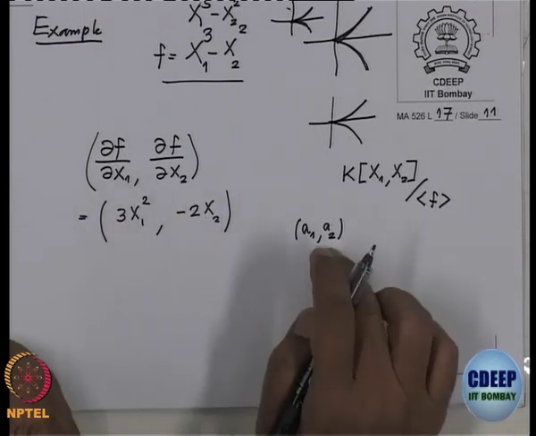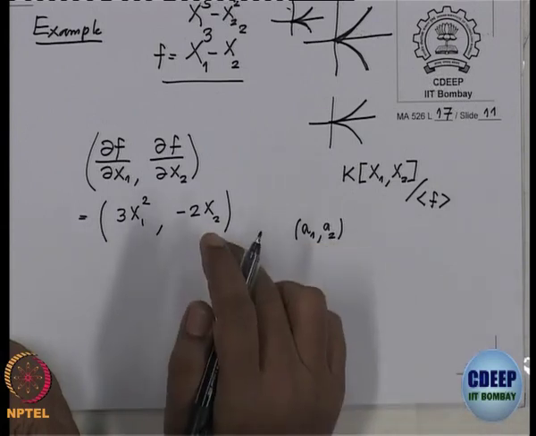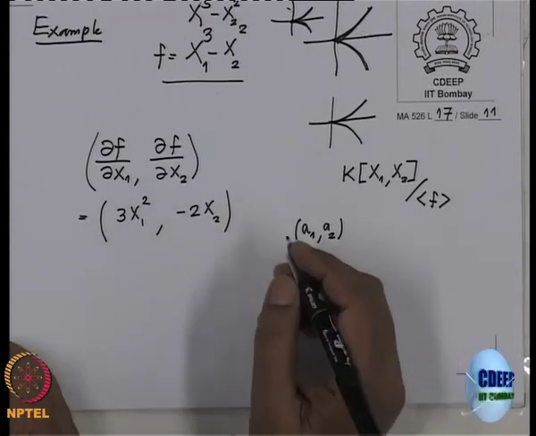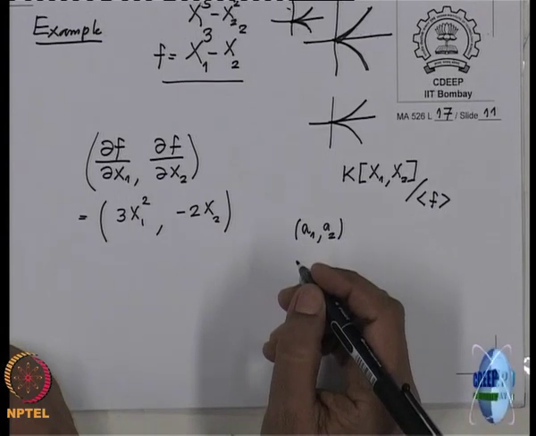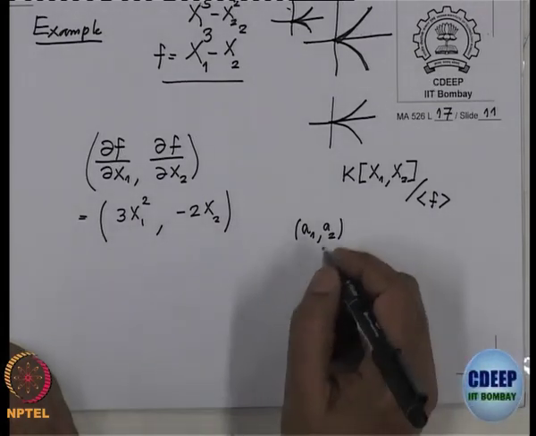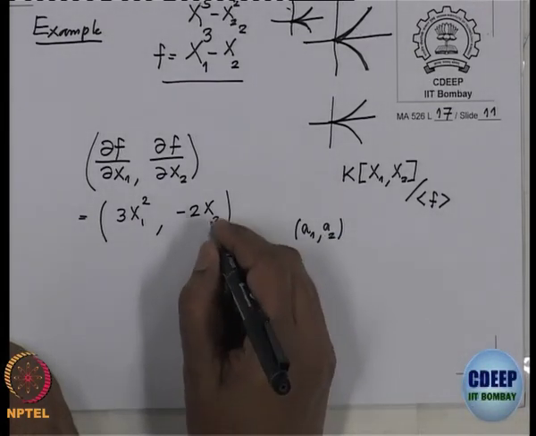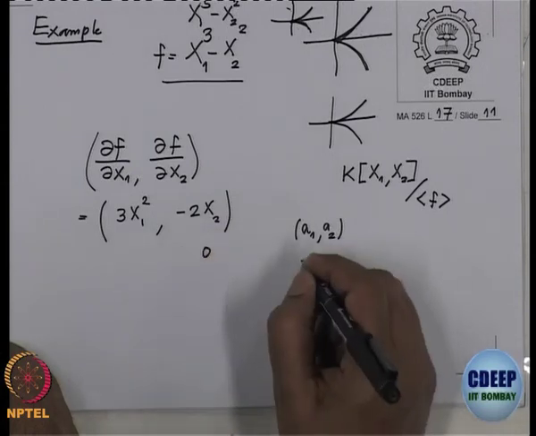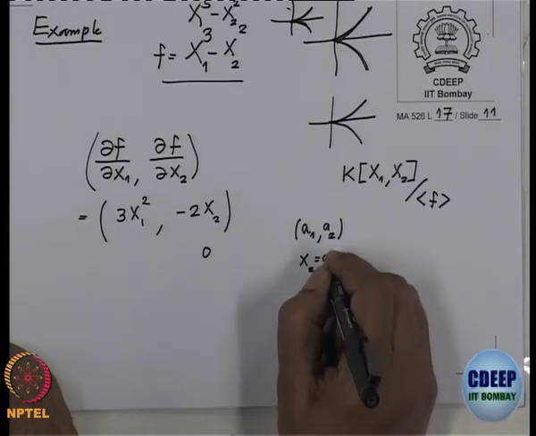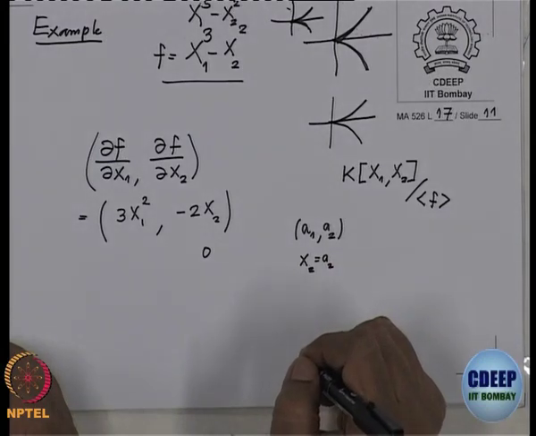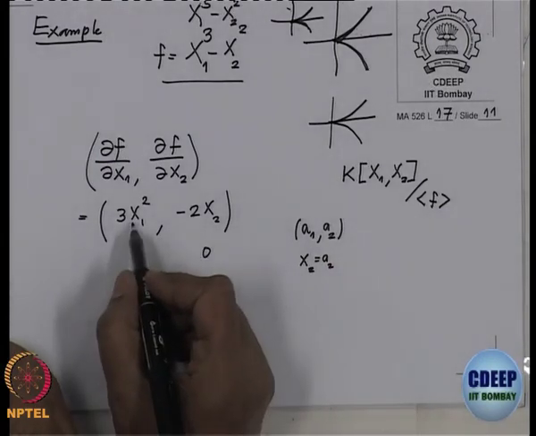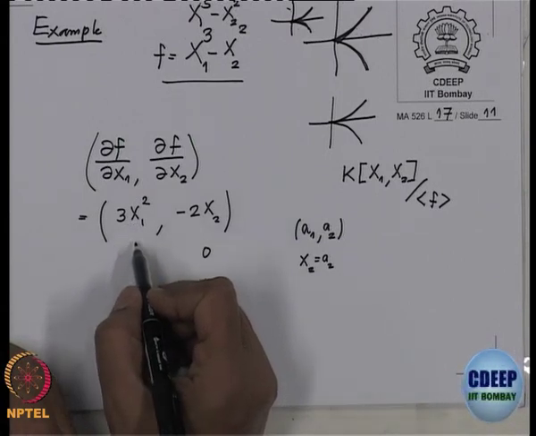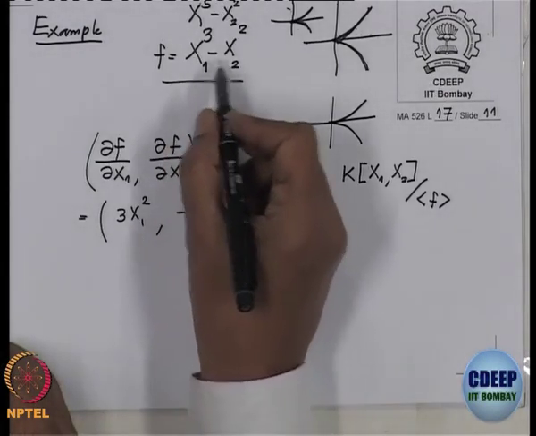So, at this point, when the rank is 0, then this coordinate is 0, means x2 is a2, and this one, if it is 0, then x1 is also 0, right, and that is going through this also, right.